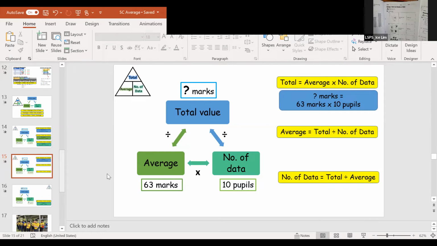That means that after I share out evenly, each person will score 63 marks. Look here. Average is 63, there are 10 people. What's the total? 630. How do you get it? Okay, next one.